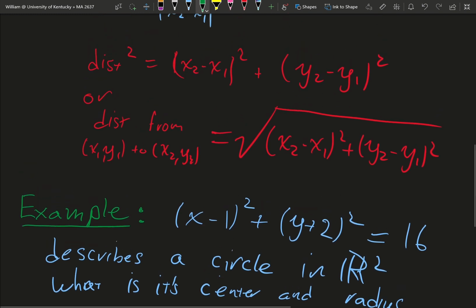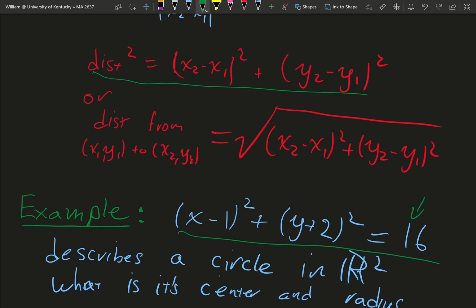So if we compare this to this, then what this says is solutions are points which are a distance of 4, because that's the square root of 16, from, and then comparing, well, I'm subtracting 1, so that's got to be a 1, and then I'm adding 2, which means I must have subtracted negative 2.